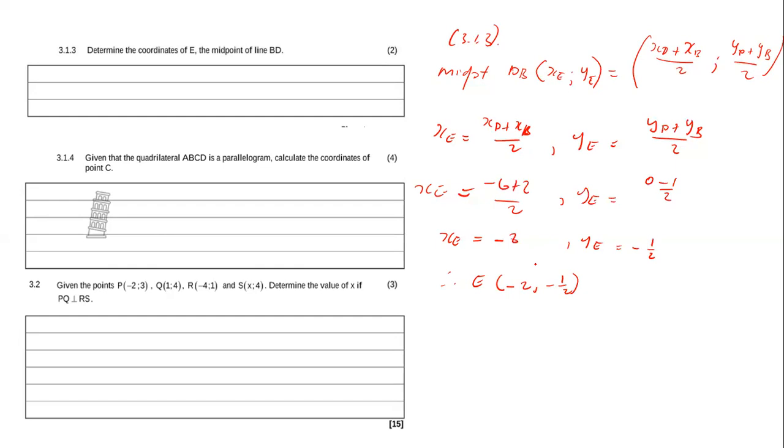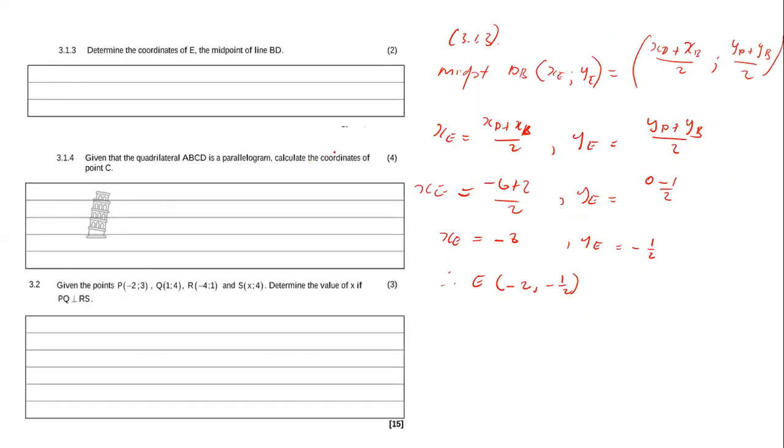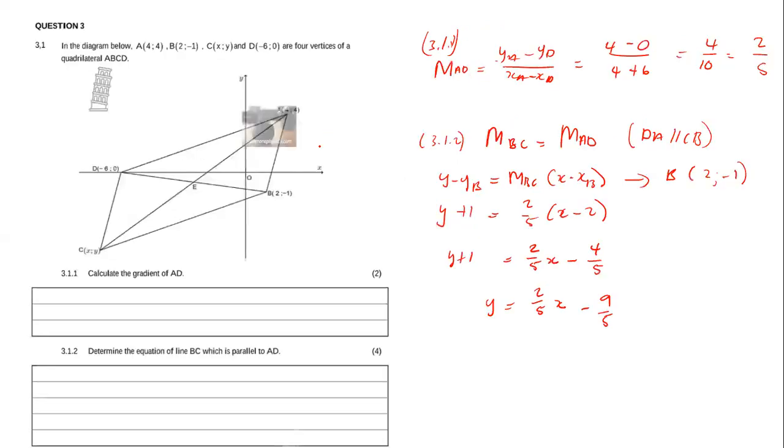This will be question number 3.1.3. Does this make sense? Yes, they're both negative, x and y. Makes sense. Let me just write it here because I think I'm going to erase. Here we have negative 2, negative 1 over 2.